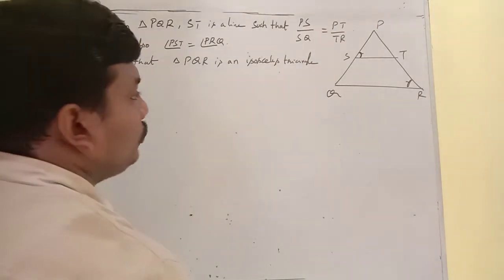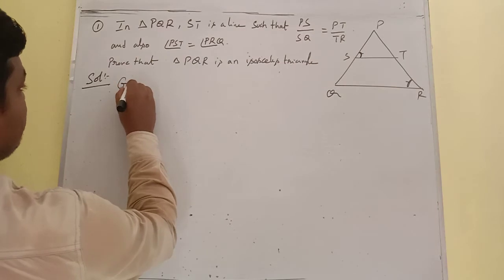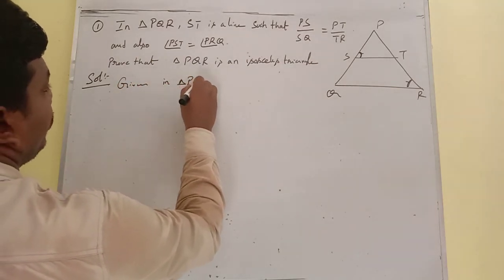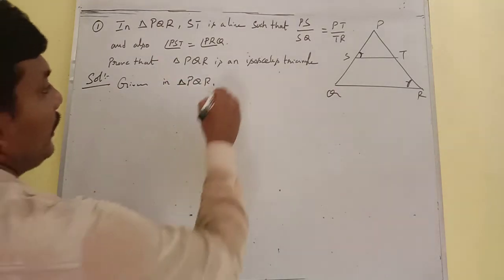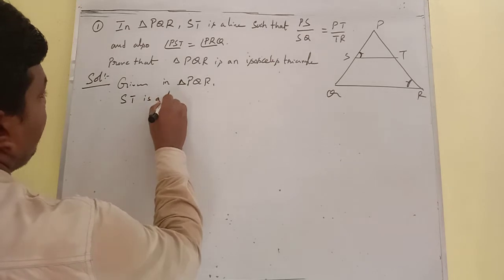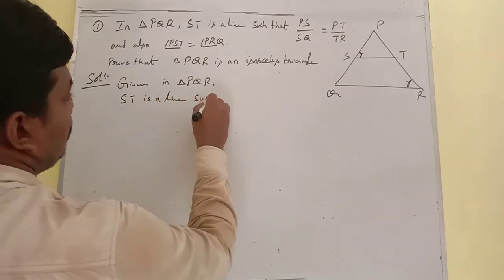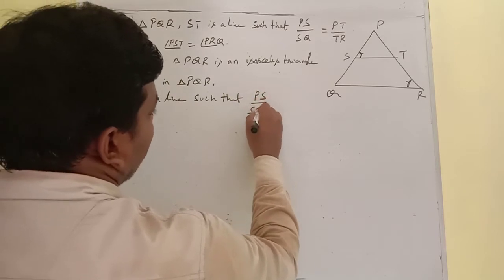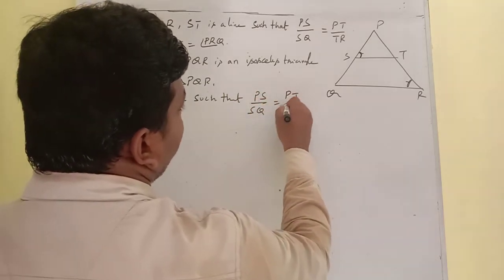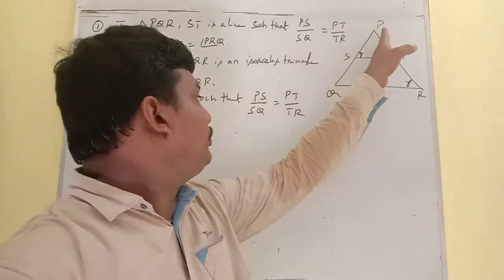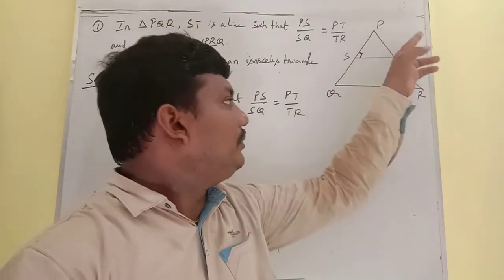Solution. What is given here? In triangle PQR, ST is a line such that PS by SQ is equal to PT by TR.